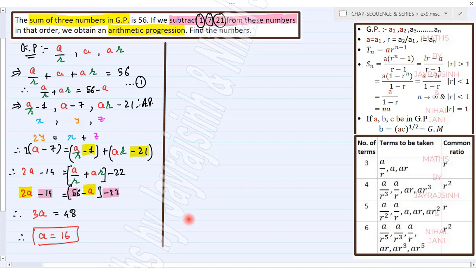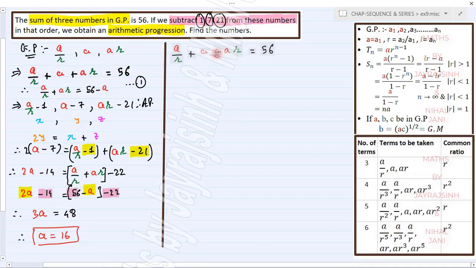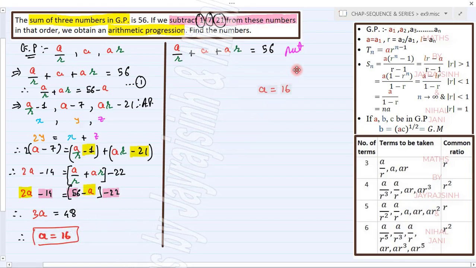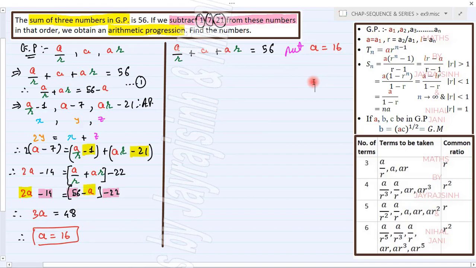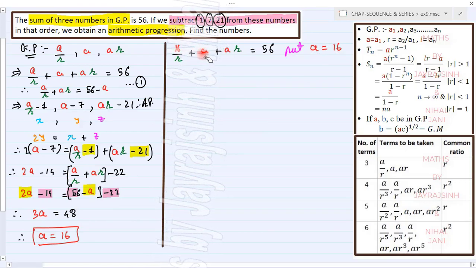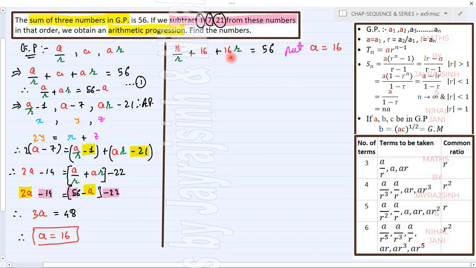But still, to get the value of terms, let's use your first equation and substitute the value of a, which we found as 16. So we will get 16 by r plus 16 plus 16r is equal to 56.